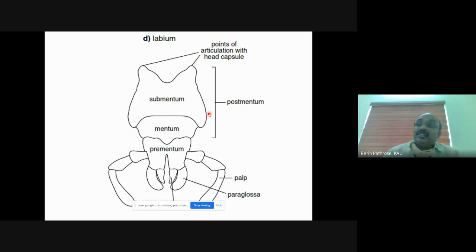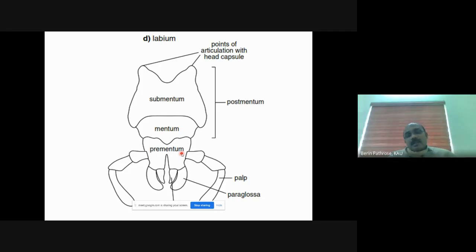Similar to maxillae, the labium is divided into a basal postmentum and a distal prementum. Just like cardo and stipes in maxillae, postmentum is similar to cardo, and prementum is similar to stipes.